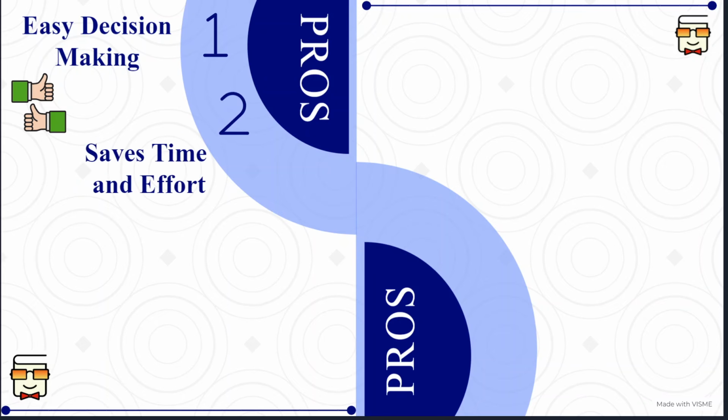The next advantage of the MIS is that it saves time and effort. The MIS reduces the effort that is required by the employees and the management in converting and processing the data into a form that can be used by the management, and it also saves the time of doing the tasks.